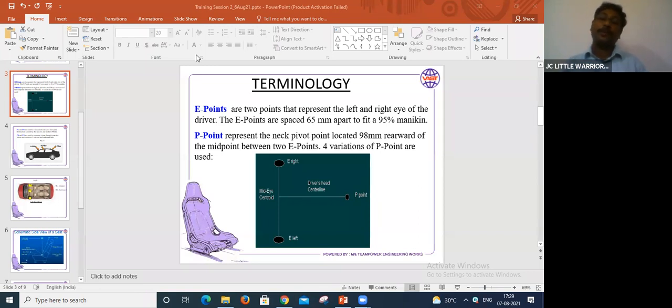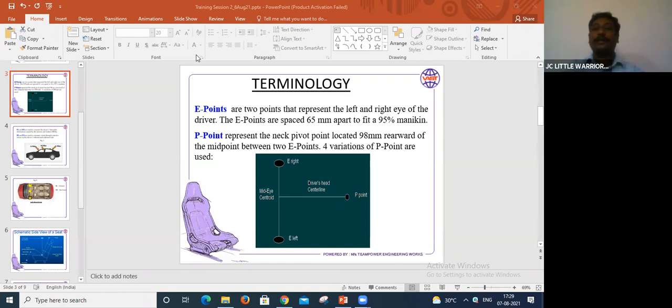How can we accommodate the other people? By adjusting the height, by the track adjustments, and recliner. These are the mechanisms which help us to adjust, and even the person with very low weight or height can also access all these controls. So this is a very important point. Please remember this. If you have any questions, please ask me. Okay, so hope you understood.